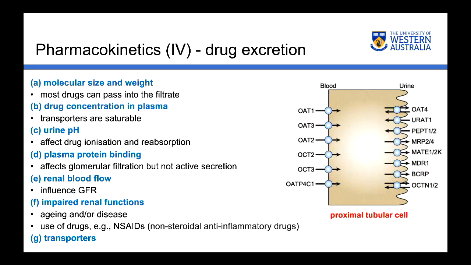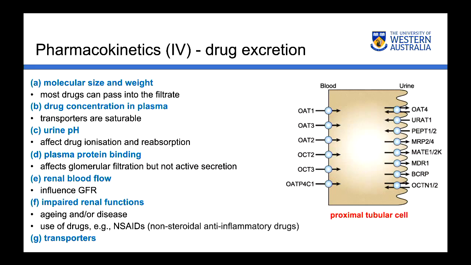So this slide really talks about different factors that can influence drug excretion. We talk about molecular size and weight at the beginning, and talk about drug concentrations. Urine pH, again, we talk about that. Plasma protein binding, I make a comment that if a drug is bound to plasma protein, then it cannot undergo other processes, including drug excretion.